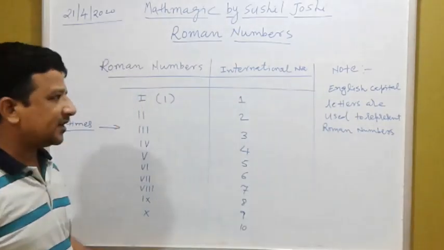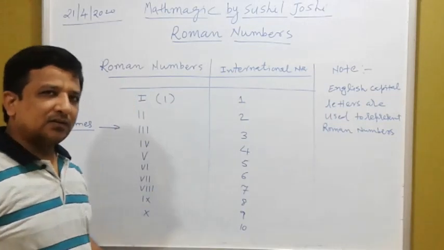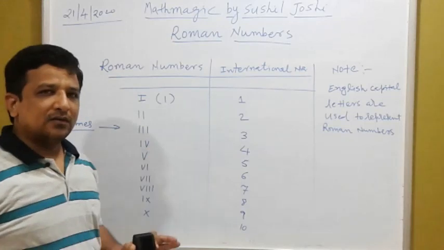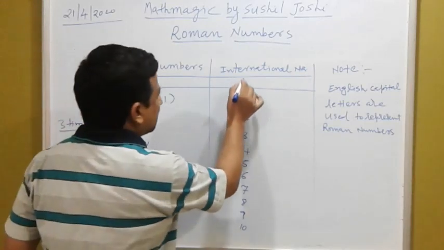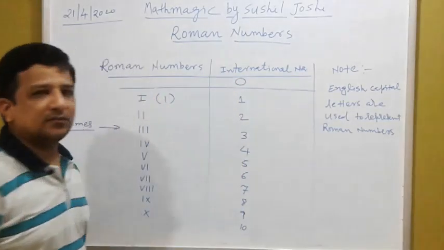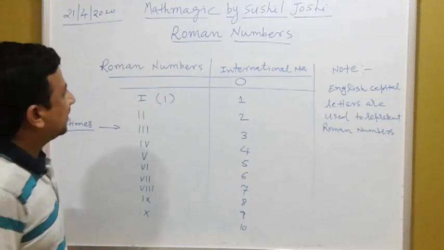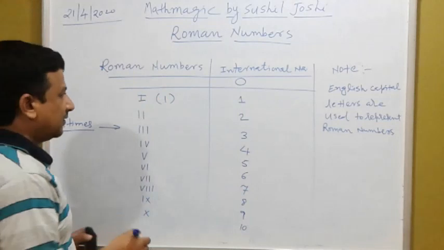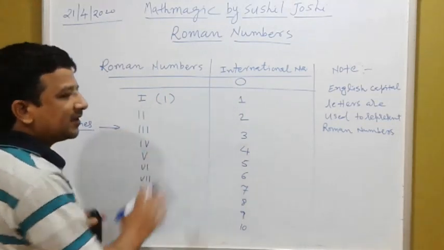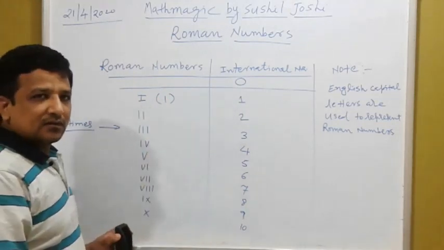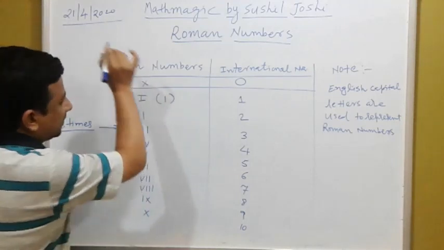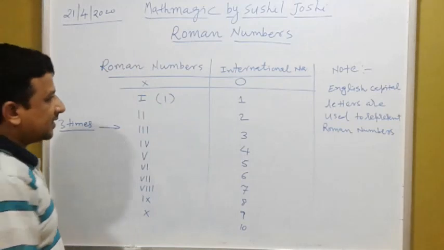Now in international and Hindu-Arabic numbers, a number is present before 1. What is that number? A 0 is present before 1. I write 0 here. But in Roman numbers, we cannot represent 0 with the help of any capital letter. There is no number present to represent 0.